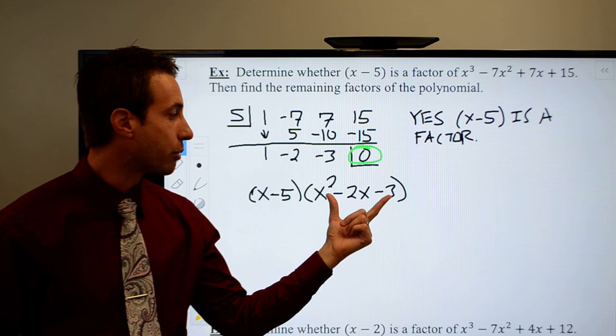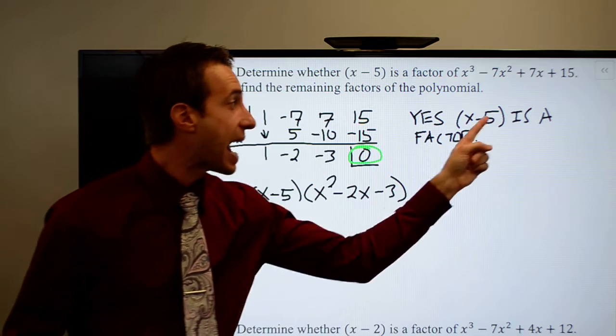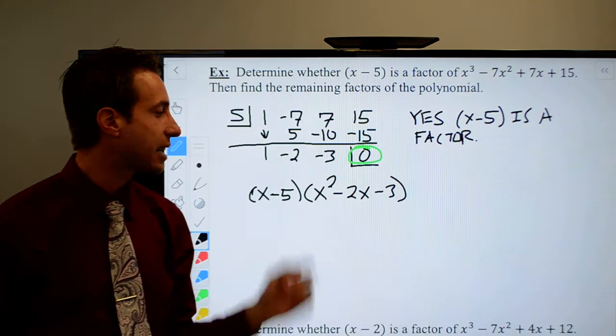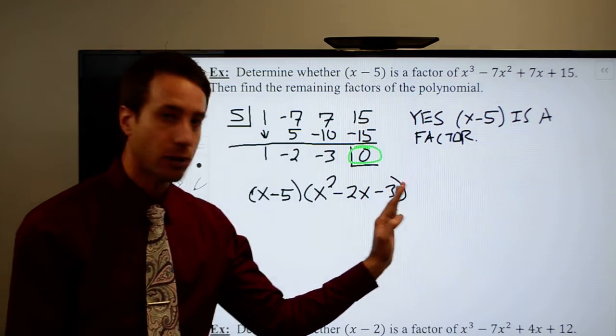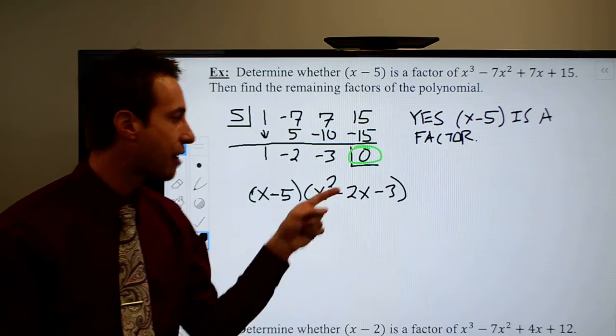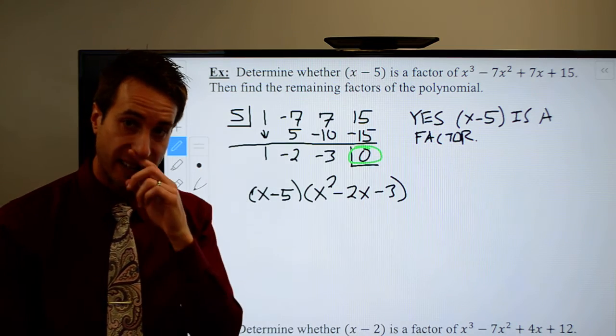This guy right here is my reduced polynomial, which I get by doing the synthetic division, and the factor that you were given, x minus 5. Again, remember, if you were to distribute this out, multiply it all together, you would get right back to what you originally started with.